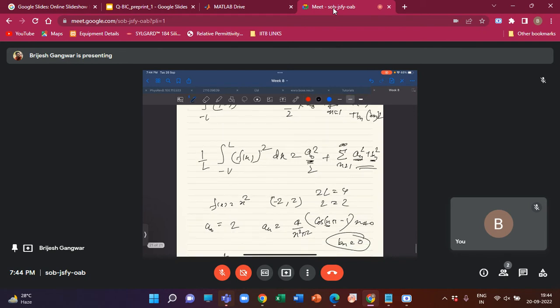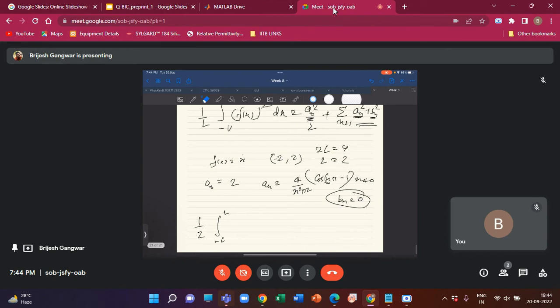Here we have this one. For an odd function, bn is 0, and this is 1 by 2, integral from minus L to L of f(x) squared. Our f(x) is x, so we will find the integral of x square dx, it will be equal to 1 by 2.